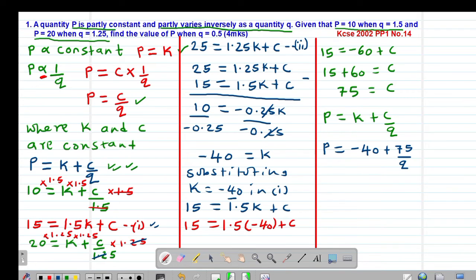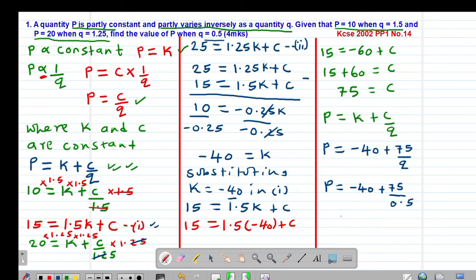So they wanted me to find the value of p when q is 0.5. So the value of p will be given by negative 40 plus 75, then of course divided by q. So I'm told to find p when q is 0.5, so this would be divided by 0.5.